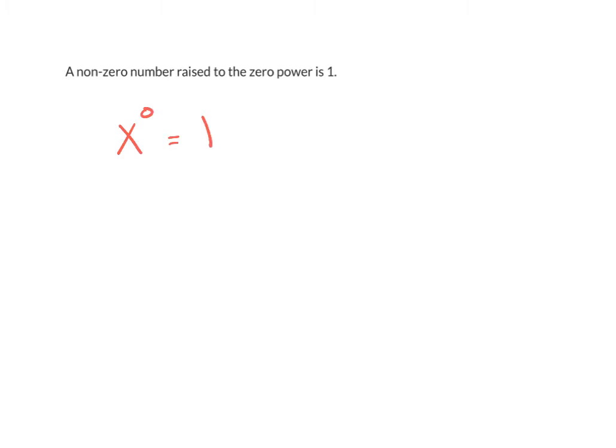If I have 3 to the 0 power, it's always 1. If I have 100 to the 0 power, it's always 1.